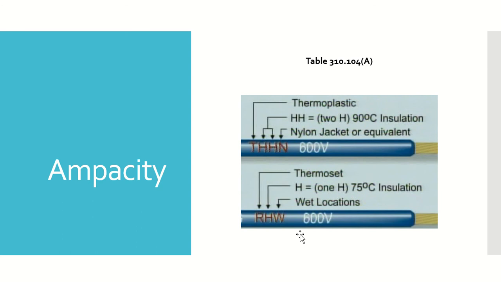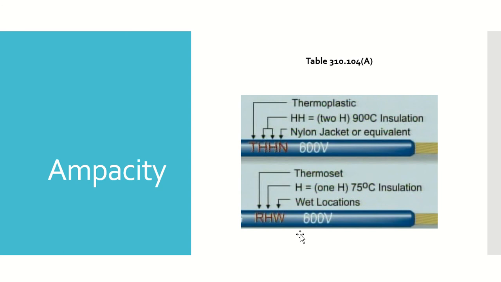Under the application provisions, it says it can be used in dry and damp locations. The insulation is flame retardant, high heat resistant thermoplastic. And it looks like they've got different sizes, all the way from 14 to 1,000 kcmil. Before I leave the THHN, we would identify its maximum operating temperature as what's considered a 90 degrees C conductor.